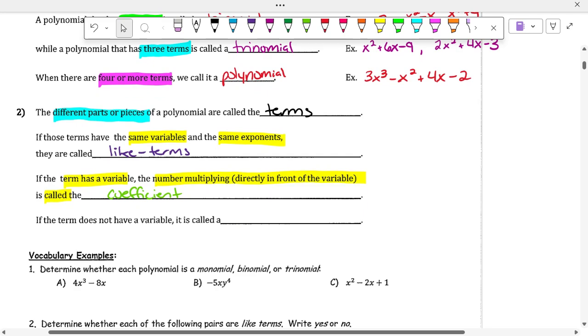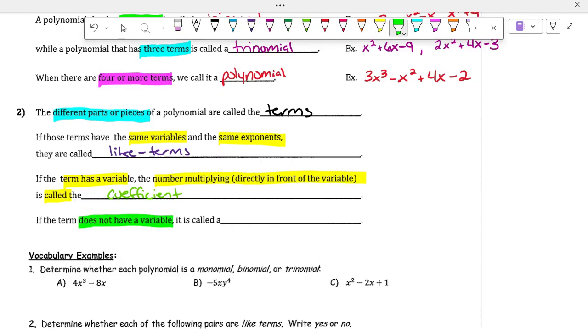Now, someone who has not talked yet, if a term does not have a variable, it's called a what? So in other words, the term that does not have a variable would be 49 up here. What's that called? I heard it. What is it? Constant. So again, this is some stuff that you learned back in Math 1, so it should be starting to ring some bells. Okay?